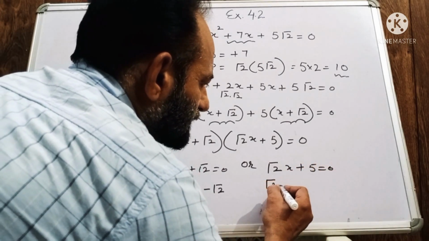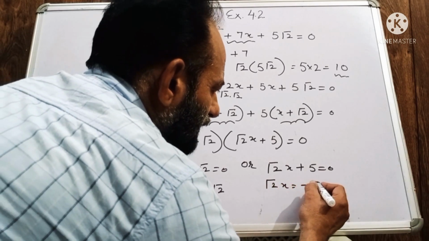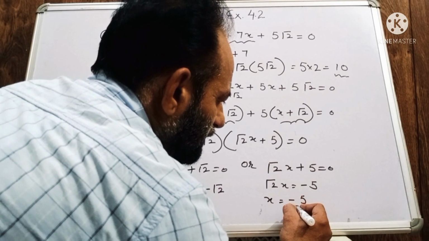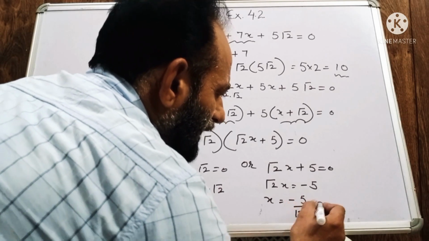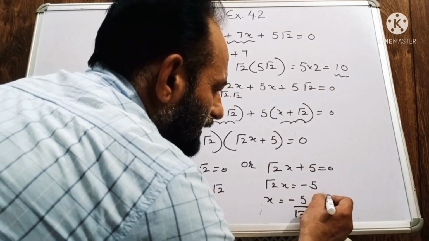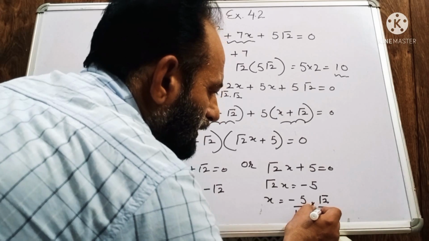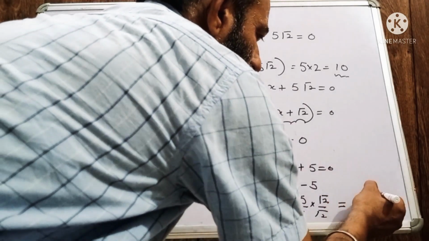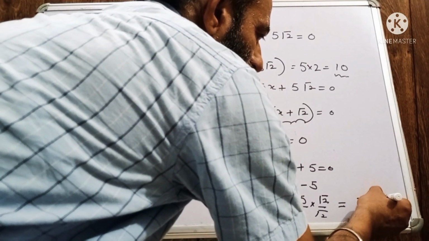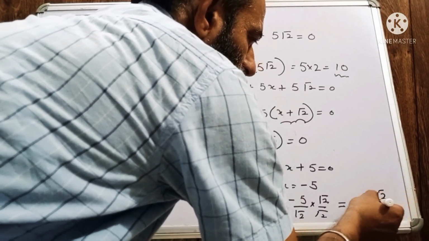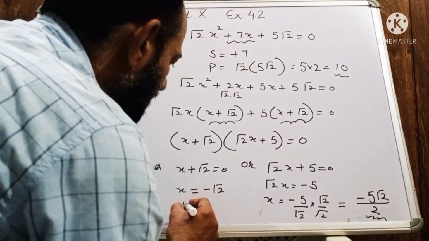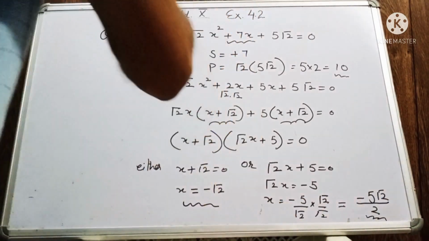Under root 2x is equal to minus 5. X is equal to minus 5 over under root 2. We will rationalize this with under root 2. It becomes minus 5 under root 2 over 2. So these are the solutions of this equation.